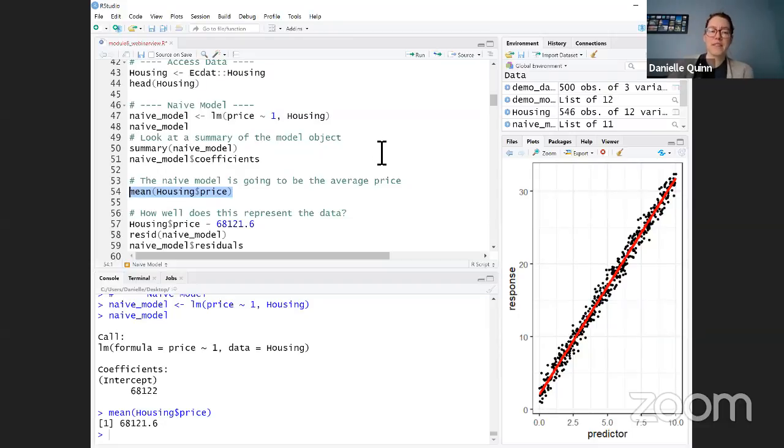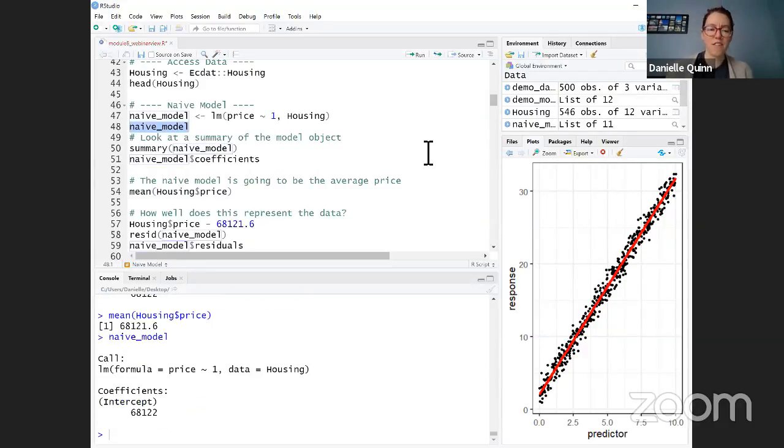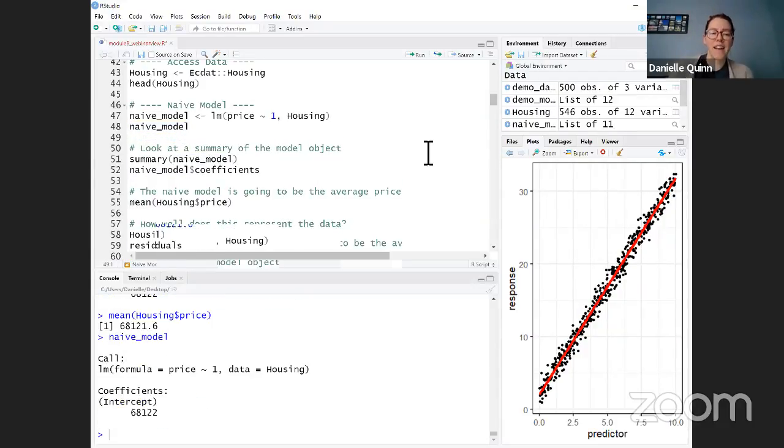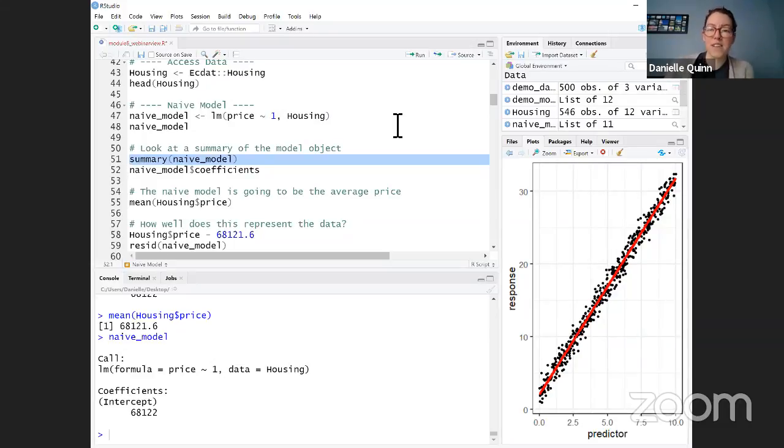I do want to point out that in model objects, when you say, show me what's in this object, naive model, it does not actually show you everything that's in that object. There are a bunch of different ways that you can interact with model objects. One of the most common ones is that you can ask for a summary of your model object.